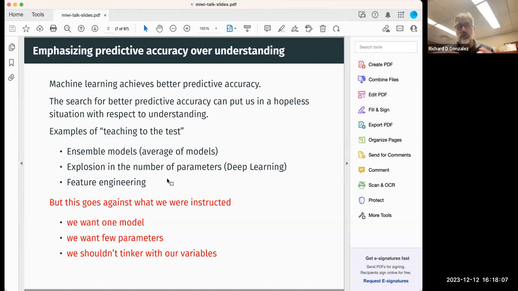So the 3 bullet points in black are exactly what data science shines at and does very well, yet those are the same bullet points in red that we were told not to do. So that's the tension that I'm going to be talking about, and what makes the type of data analysis that appears in our journals different from data science.